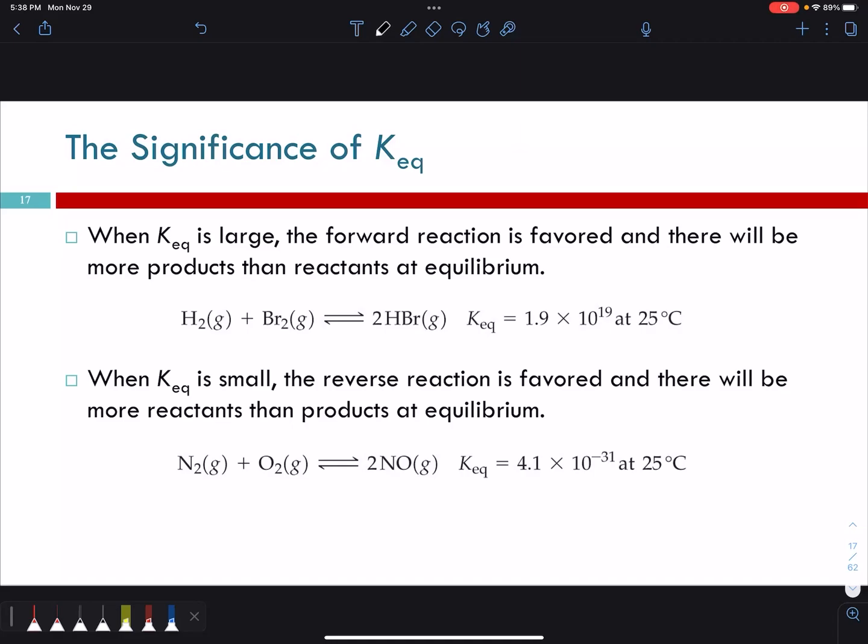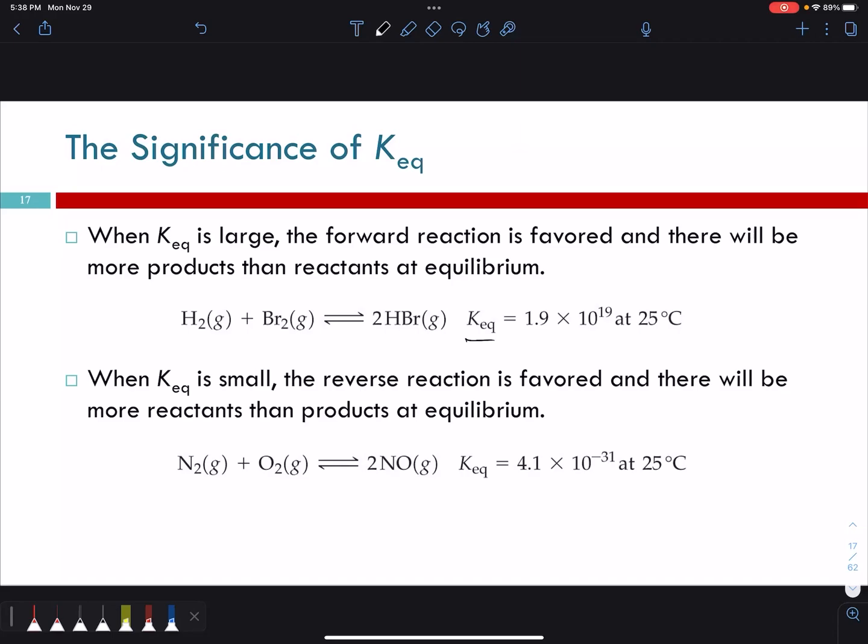Well, I just said this, but when KEQ is a large number, that means you have a lot of products compared to your number of reactants, right? So if we take this KEQ here, for example, it's 1.9 times 10 to the 19. Huge number.